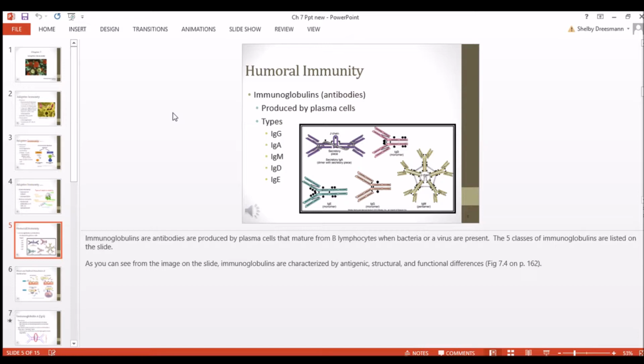There are 5 classes: IgG, IgA, IgM, IgD, IgE. They are characterized by their different shapes. This is IgM, big, Ig massive, I call it. IgG is more abundant, great in numbers. IgE, I think eosinophil, which is allergies, histamine responses.